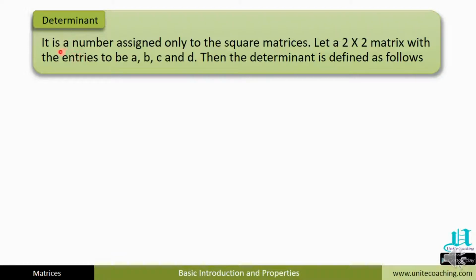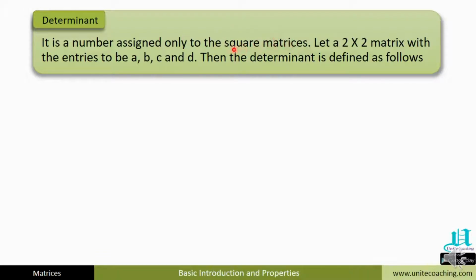The determinant is a number assigned only to square matrices. It is just a number, which we will see how to calculate, and it is assigned only to square matrices. If the matrices are non-square, then we don't talk about determinants.